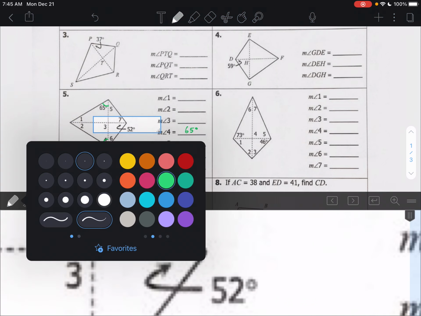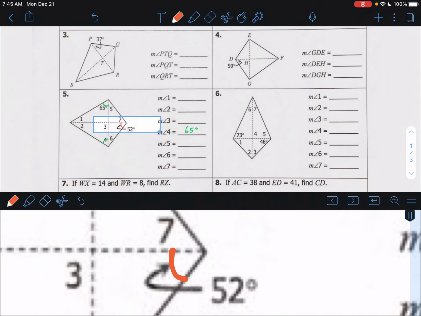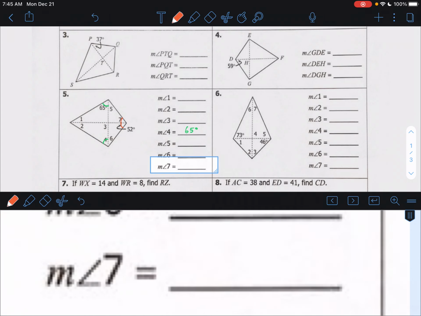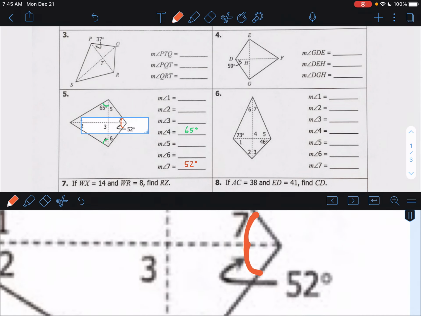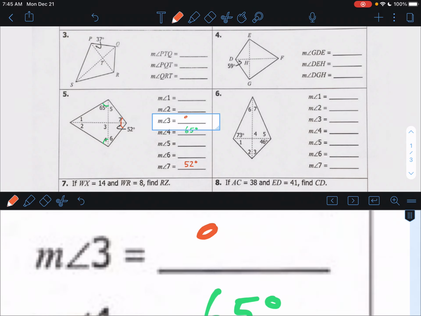Likewise, I know that this 52 and this angle 7 are going to be congruent, so angle 7 is going to be 52. One other thing I can figure out without even doing any math here is this angle 3. That's right in the middle. And remember, when they intersect, it forms right angles. So that 3 has to be 90 degrees.